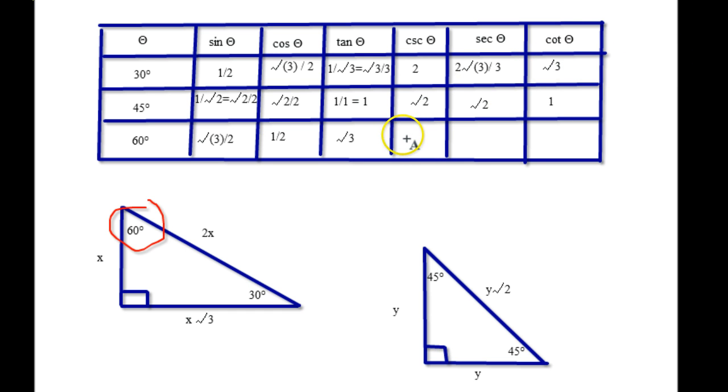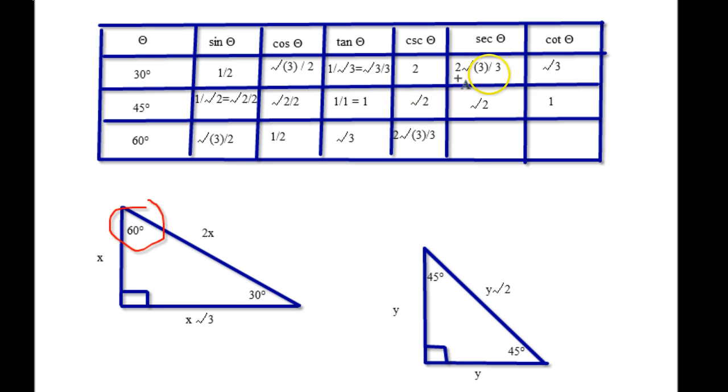Okay, so this one is going to turn into 2 root 3 over 3, and just remember that's how it goes. That's interesting because that looks like secant.